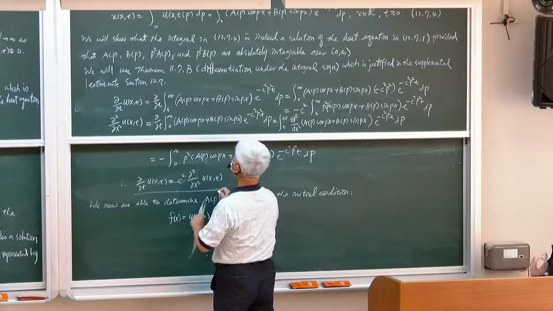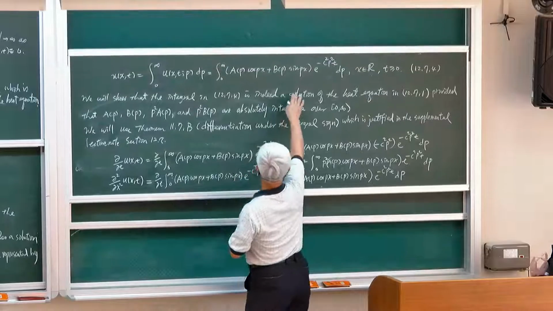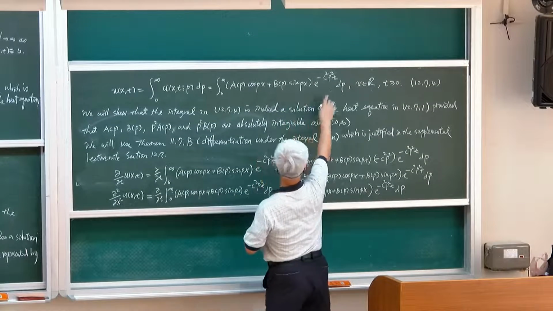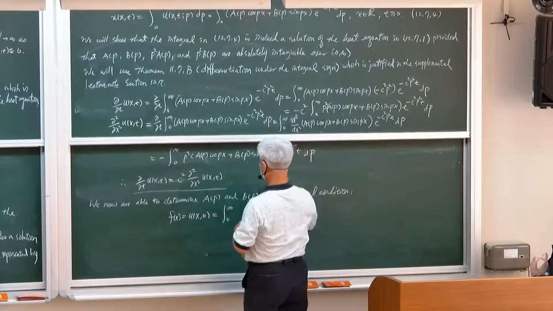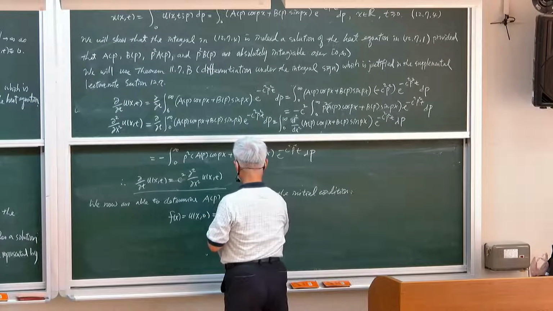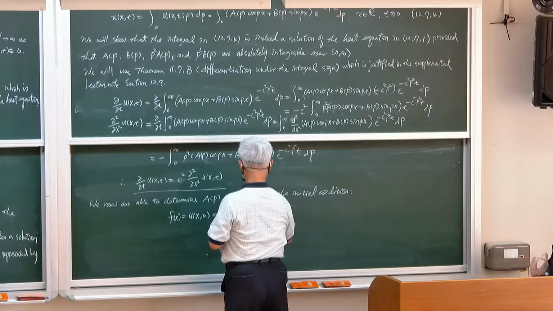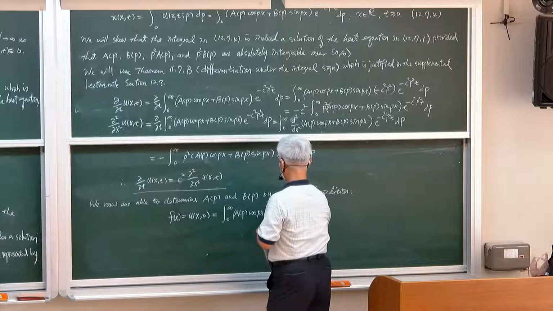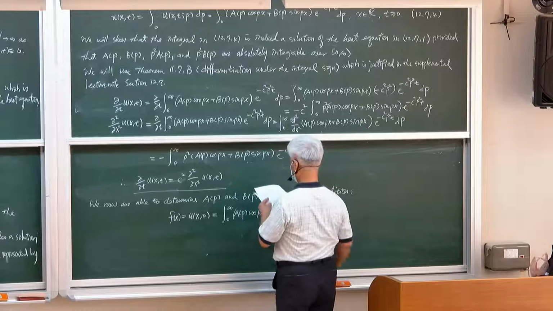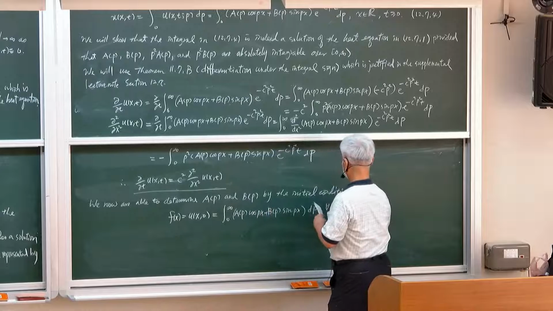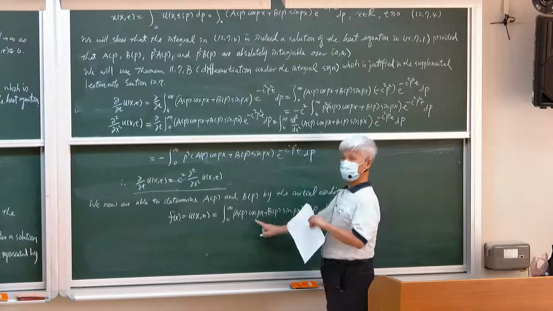As you can see, when t is equal to 0, the exponential is 1. So we have the integral of AP cosine px plus BP sine px dp, for all x in R.